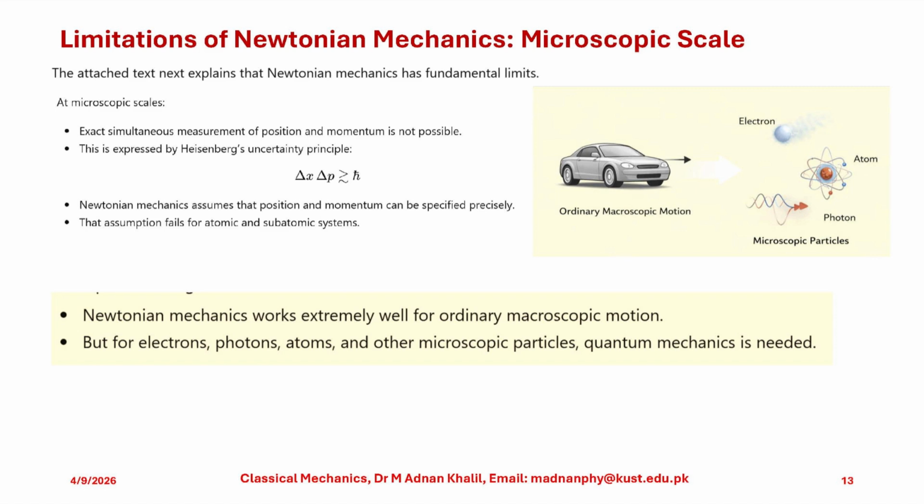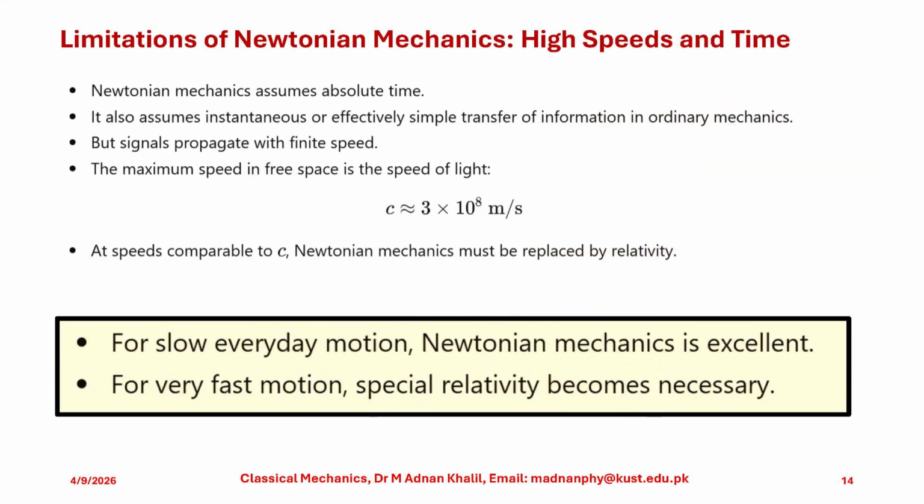The figure on the slide nicely contrasts ordinary macroscopic motion with microscopic particles. So the message is not that Newtonian mechanics is wrong everywhere, rather it is an excellent approximation in the macroscopic world, but not fundamental at atomic and subatomic scales.